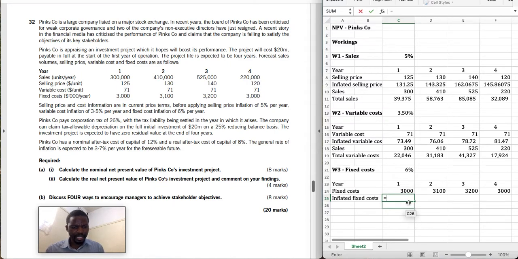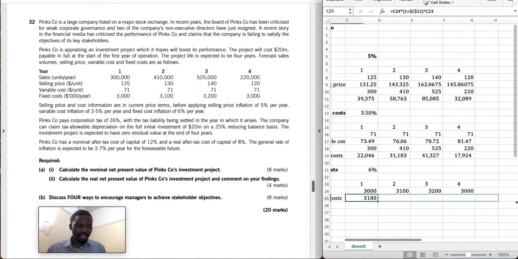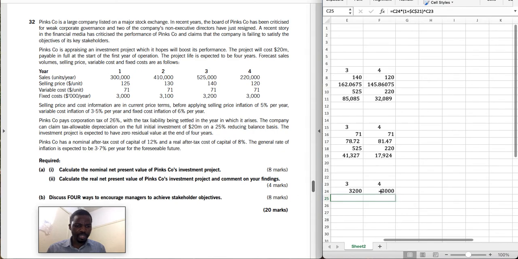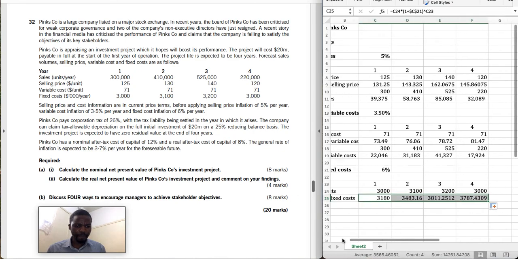So we'll say fixed cost multiplied by, we open a bracket, we say 1 plus the inflation rate, we close the bracket, we say to the power 1 for the first year, then we drag the formula across.